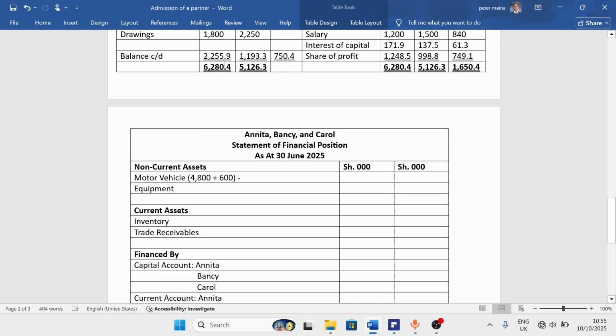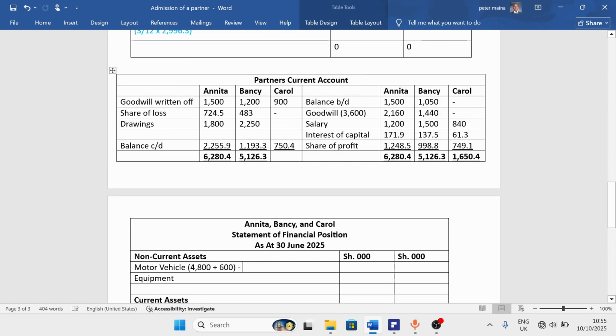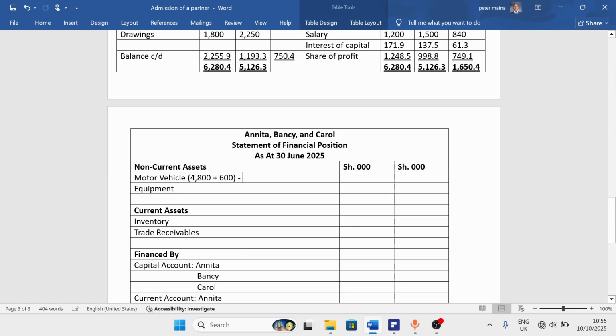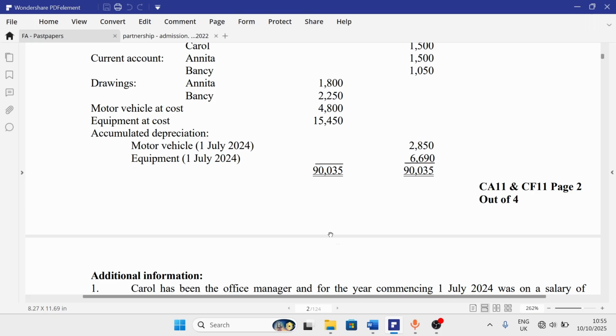And then after we add, we want to deduct the total depreciation for motor vehicle. So first, let us take the accumulated depreciation as at the beginning of the current financial year. Accumulated depreciation for motor vehicle is 2,850.